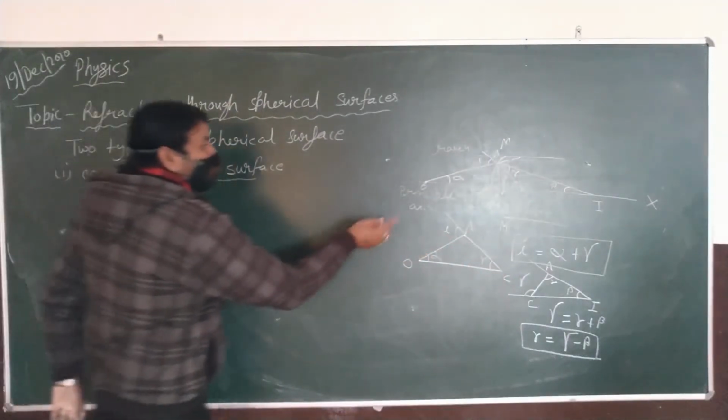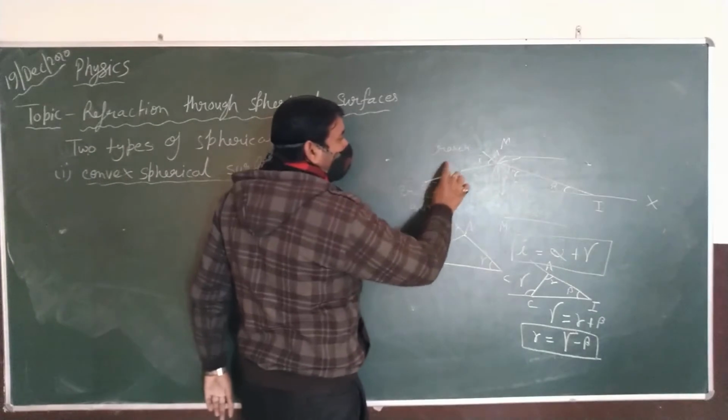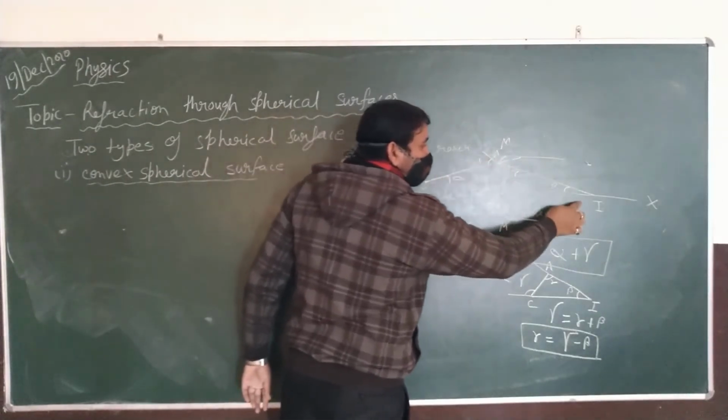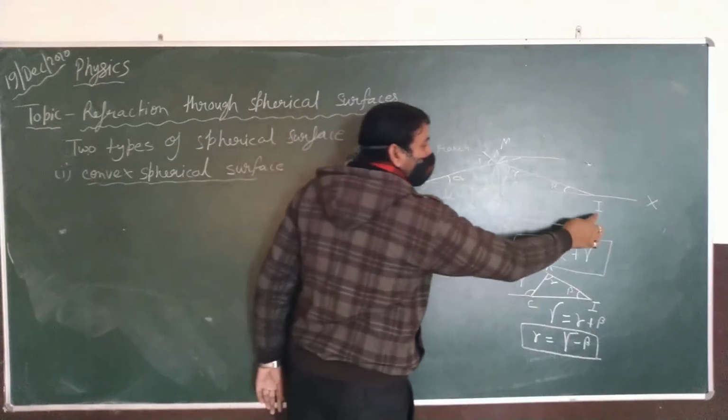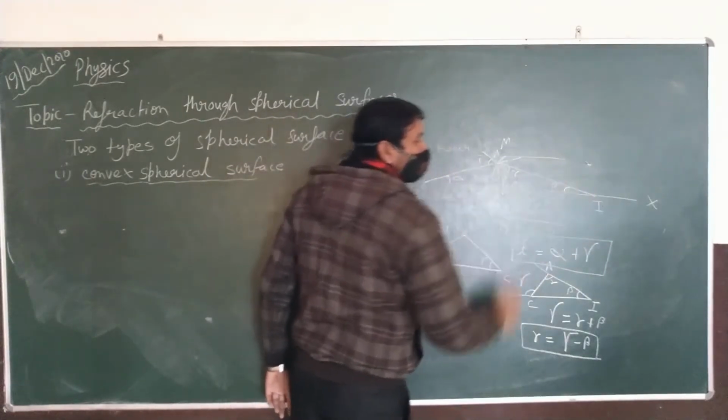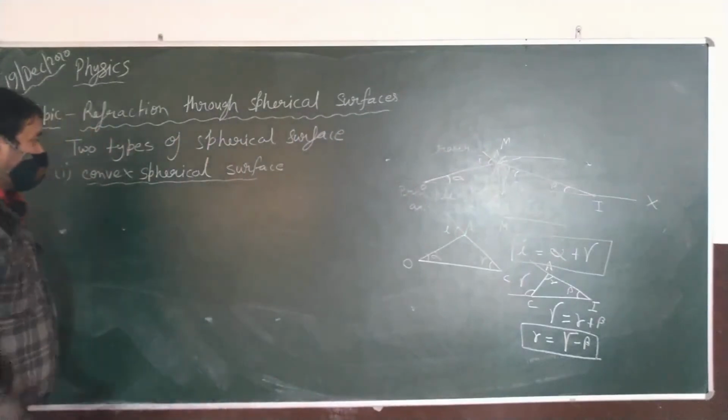Now, the light is traveling from rarer medium to the denser medium, and the image of object O is formed at point I according to Snell's law.